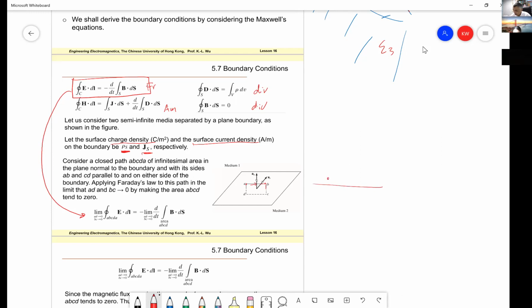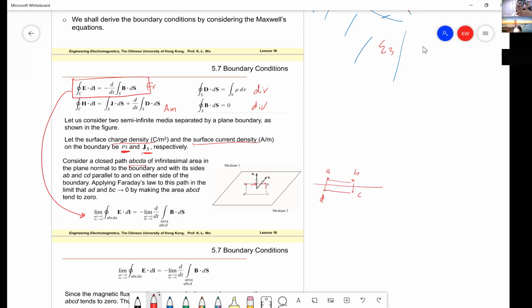So this is A, B, and then C, D, back to A. I have this contour, A, B, C, D, back to A. Then this contour defines a plane surface.